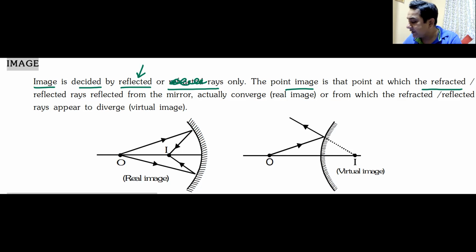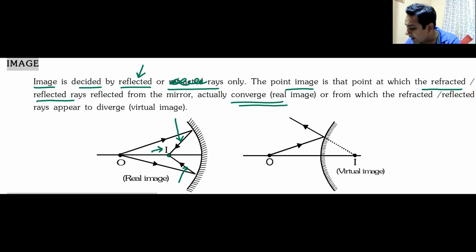If the reflected or the refracted rays actually converge, they actually meet. Now look at this green ray, which is the reflected ray. Do you see this green ray? They are actually meeting at this point.